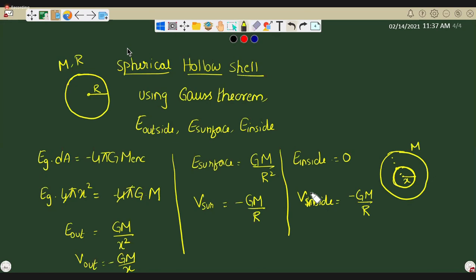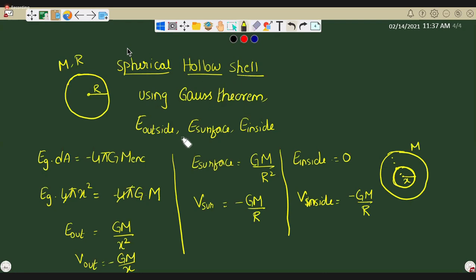See, this also we can normally do. Yesterday in the class I have done, no, that we have to take some point, consider a small element dm here, see how much potential because of this, and then do it. But at PU level, I don't think you have this derivation. So I'm telling you this using your Gauss theorem.